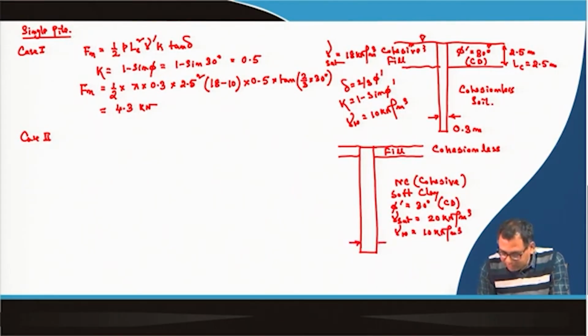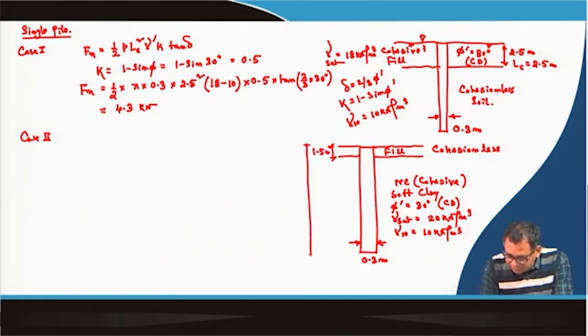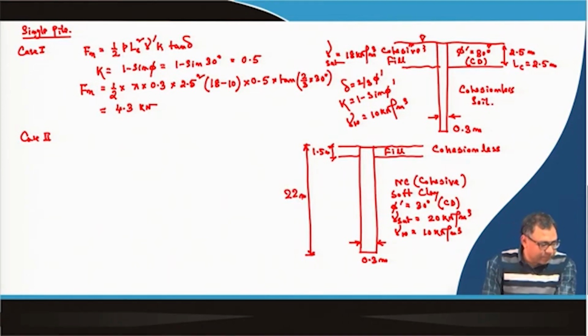Diameter of the pile same as 0.3 meter. The fill thickness is 1.5 meter, and total length of the pile is 22 meter.